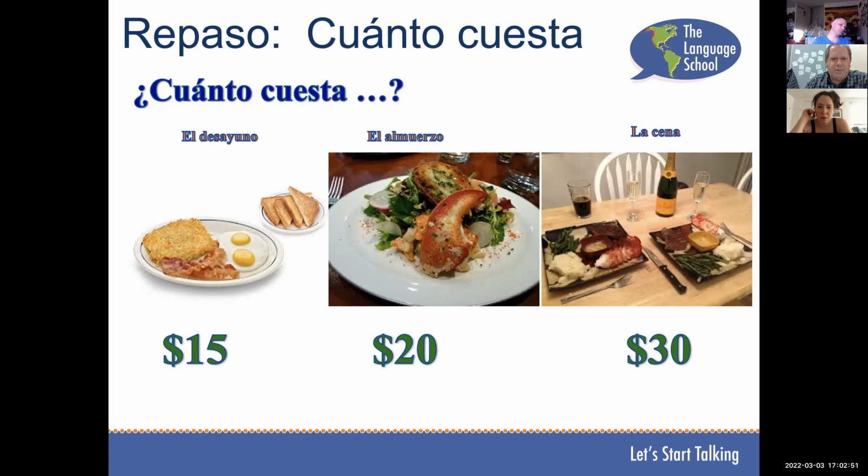El almuerzo cuesta 20 dólares. ¿Cuánto cuesta la cena? La cena cuesta $30.